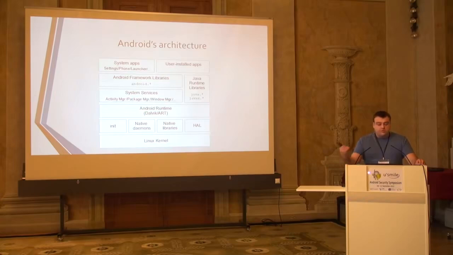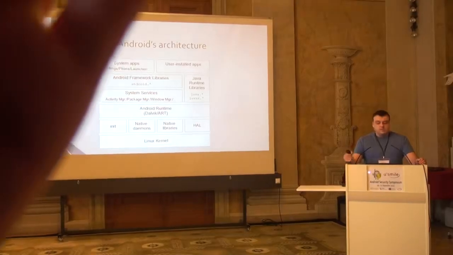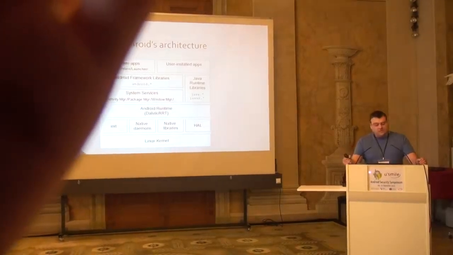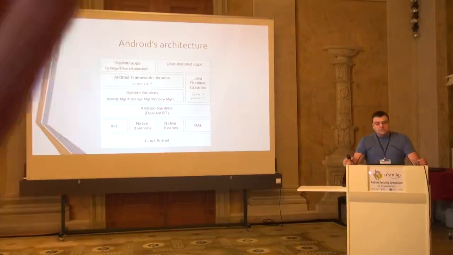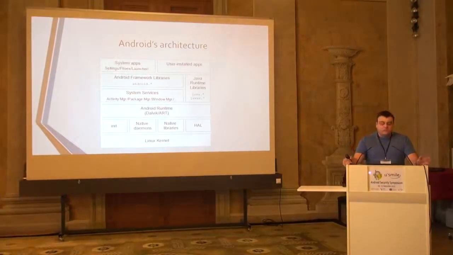And of course, at the very top are applications. There's this division between user-installed applications and system applications, because system applications have traditionally been given more privileges, mostly because they are on the system partition, therefore they can be trusted. This has been changing lately, maybe starting with 4.4.